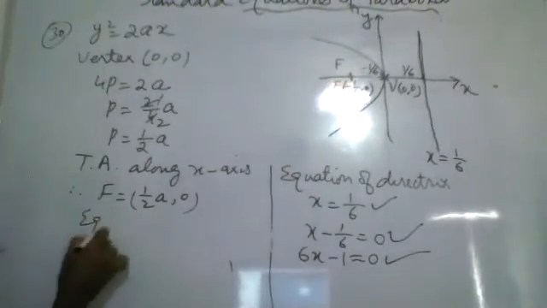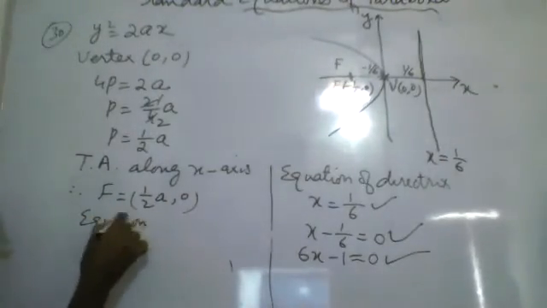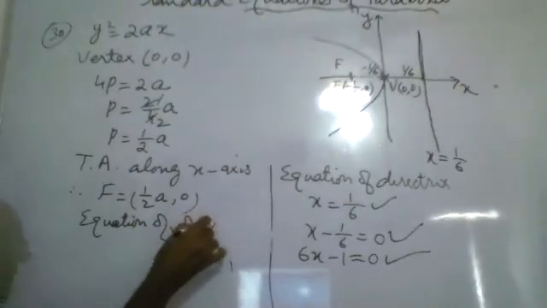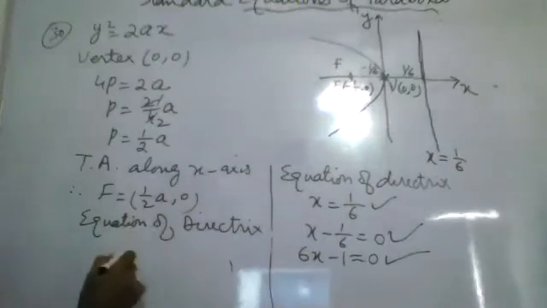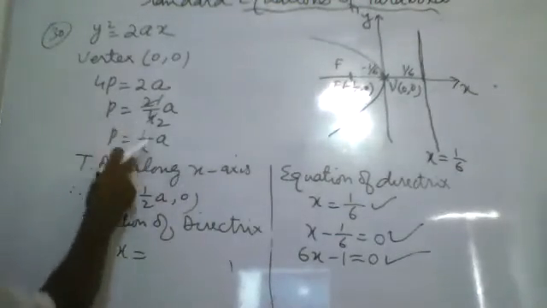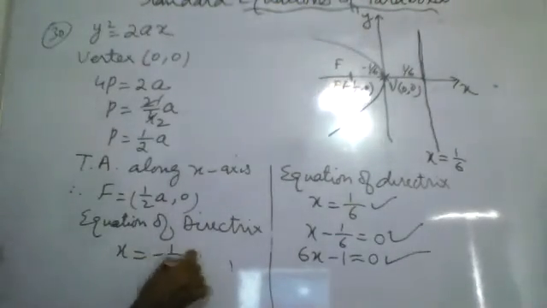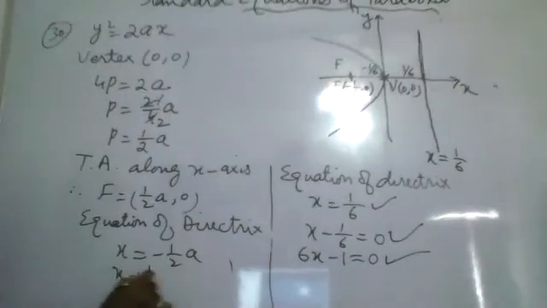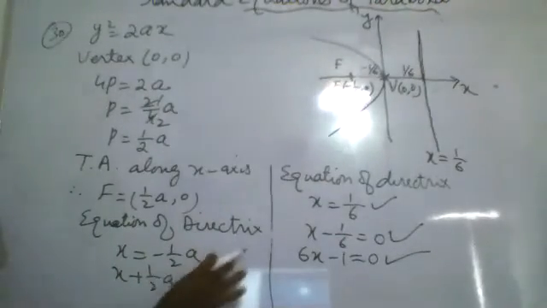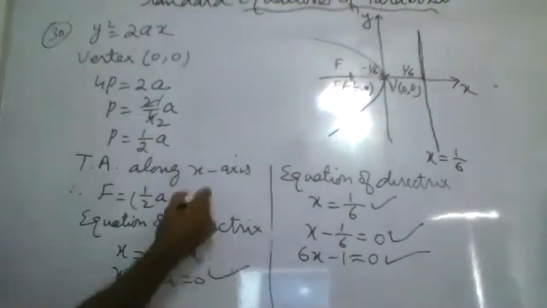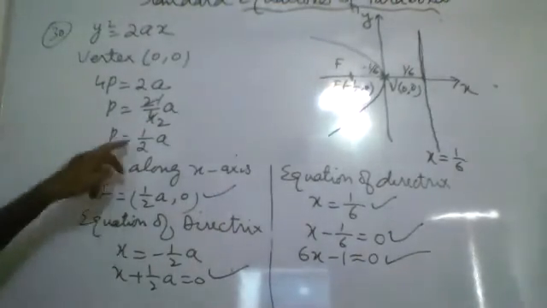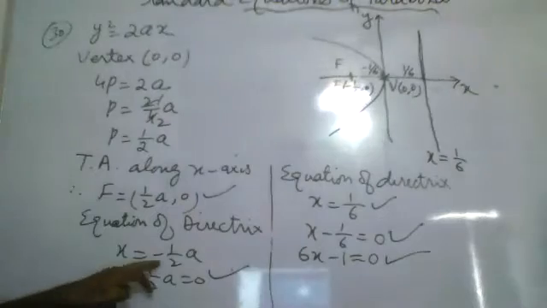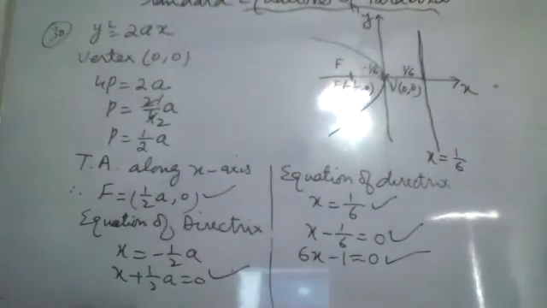Equation of directrix: x is equal to minus 1 upon 2a, or x plus 1 upon 2a equal to 0. This is the equation of the directrix, and this is the focus. If the focus is positive 1 upon 2a, in the directrix it will be minus 1 upon 2a. If it is negative, it will become positive.